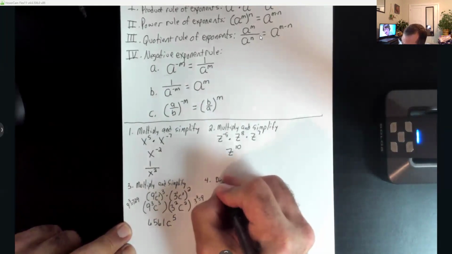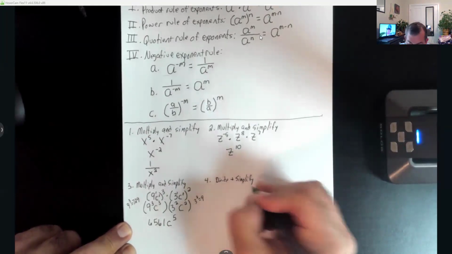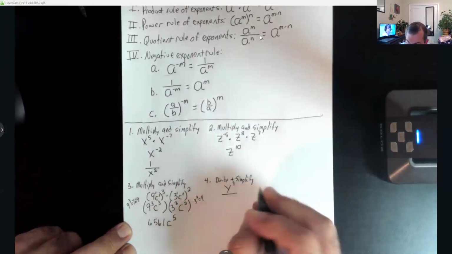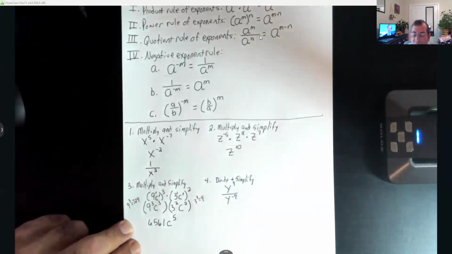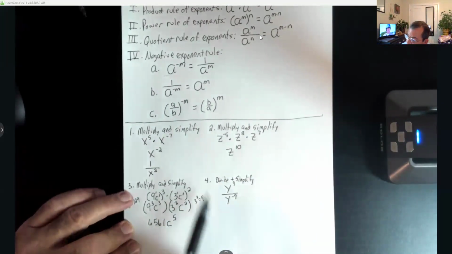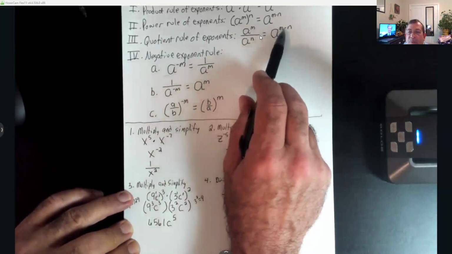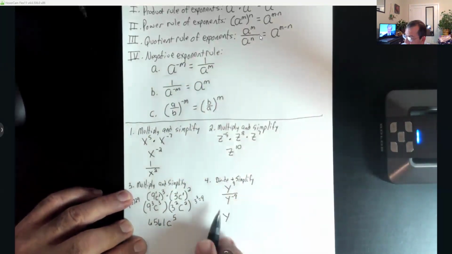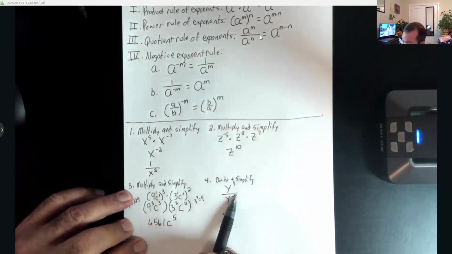All right, now number 4 said divide and simplify. So I got a y to the ninth over a y to the negative ninth. So we're dividing. So right here, when we divided, we said we take the top exponent and subtract the bottom exponent. So I'm going to subtract exponents. But look here, we got 9 minus negative 9.